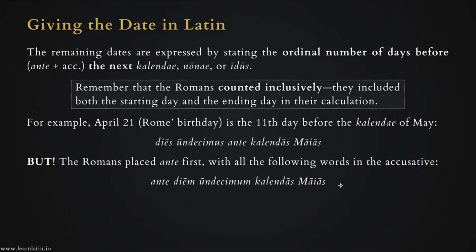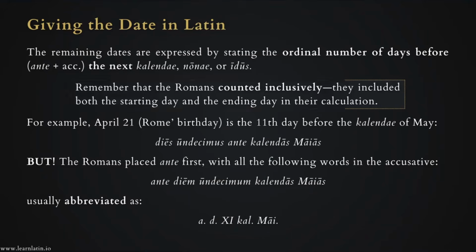Why? I don't know why they did this, but what I can tell you is that they usually abbreviated this. So you had AD for ante diem, then the numeral indicating the ordinal, and then you abbreviated the important day, cal, and you abbreviated the month: AD undecimum cal Mai. So that's how you actually express the date in Latin, by the way, abbreviated. All these things, then you have to unpack to understand what day that is.